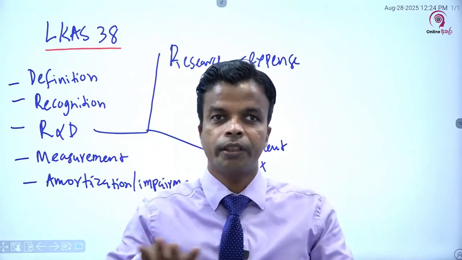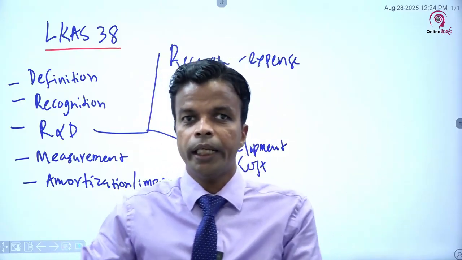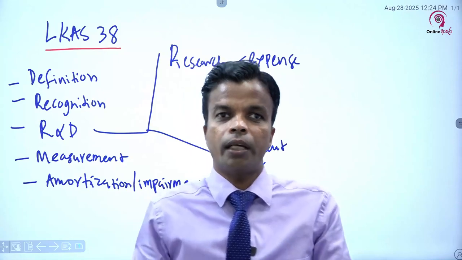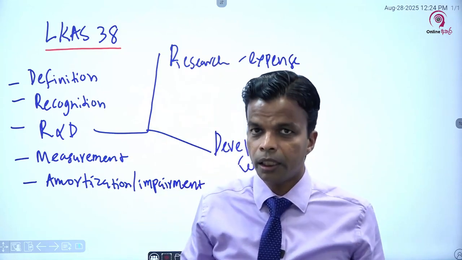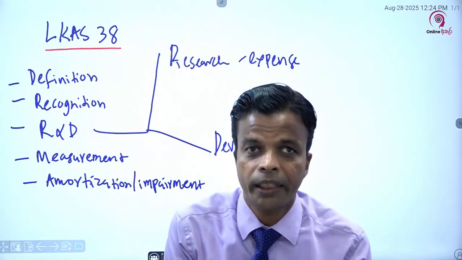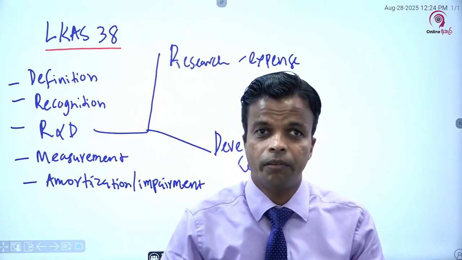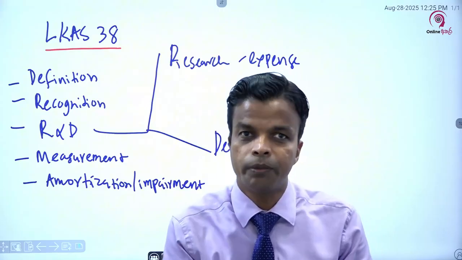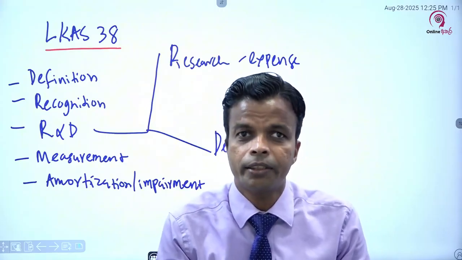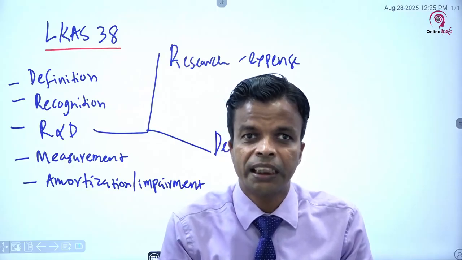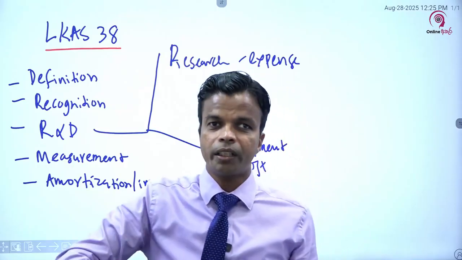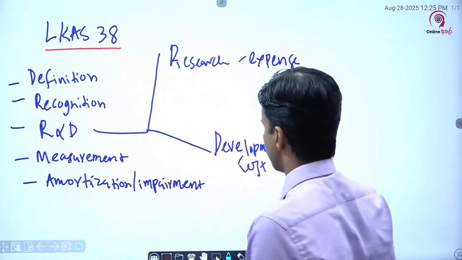Now you have done your research and you're happy, okay, we want to go with ABC drug. Now you start things, so it's a development activity. But the question is, just because we started development, can we create an asset? Basically an intangible asset. Yes, the standard says you can, provided you fulfill certain criteria. Not one of the criteria, but all the criteria.